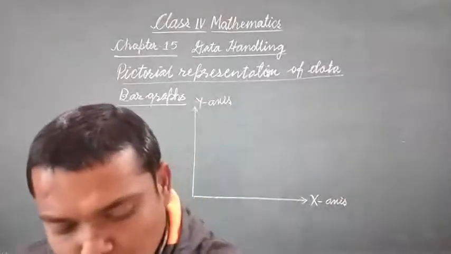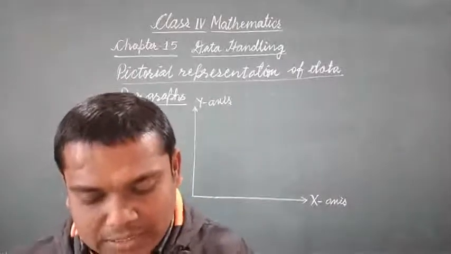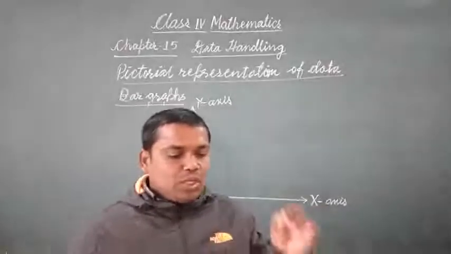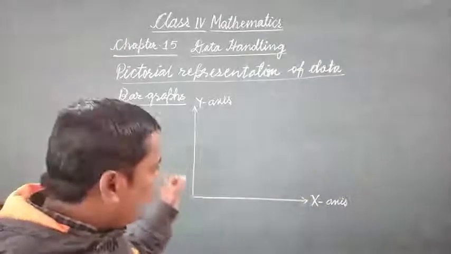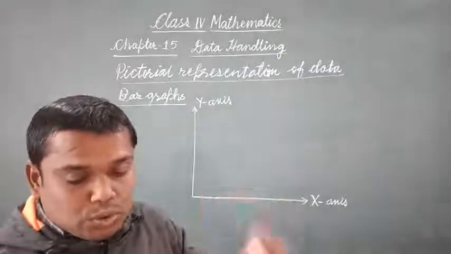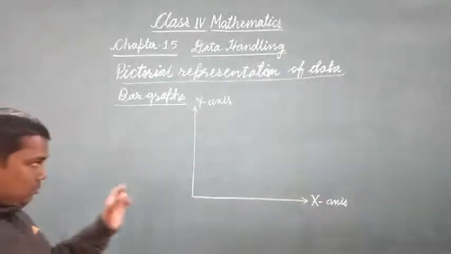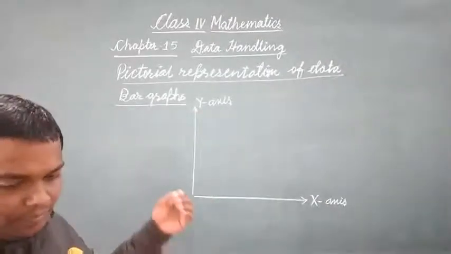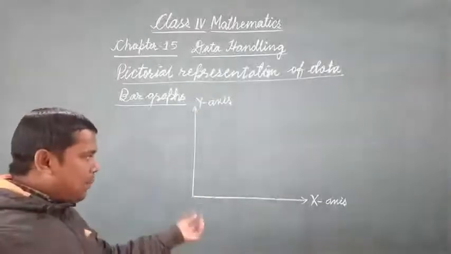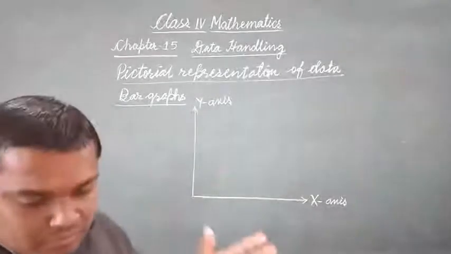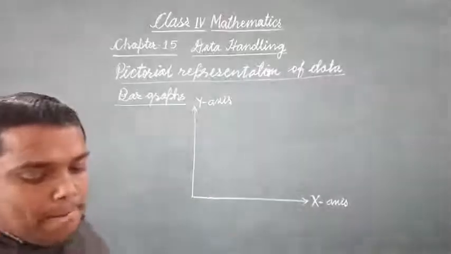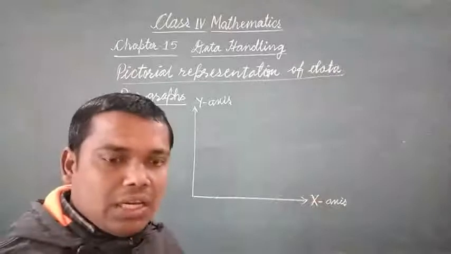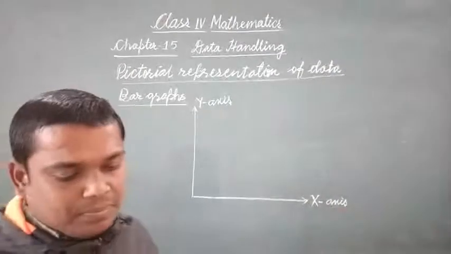There are certain points we have to keep in mind to draw bar graphs: the width of the bar should be uniform throughout, and the gap between one bar and another bar should be uniform throughout. Bars may be either horizontal or vertical.